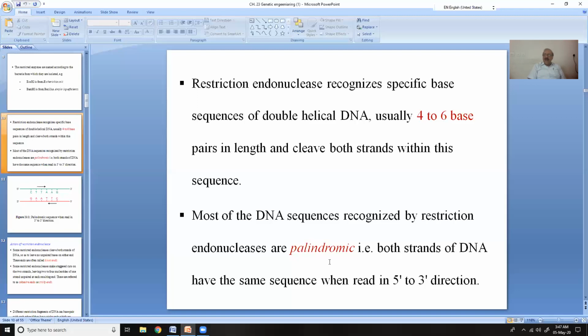When you start from Radha it goes like this, and backward also you will read it the same way. Most of the DNA sequences recognized by restriction endonucleases are palindromic, that is, both strands have the same sequence when read in 5' to 3' direction or 3' to 5' direction.